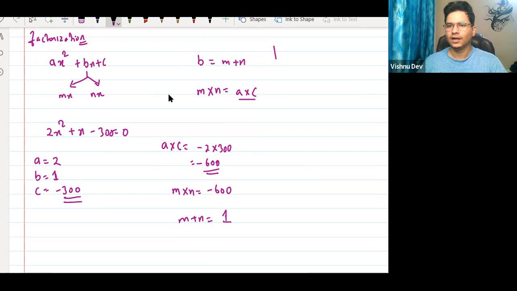Okay, how to do that? तो मेरे पास एक तो है तुक्का मेथड, है ना? तुक्का मारो, trial and error. That's तुक्का method.